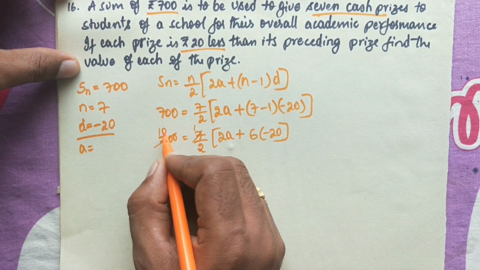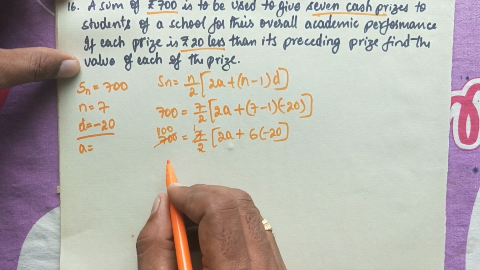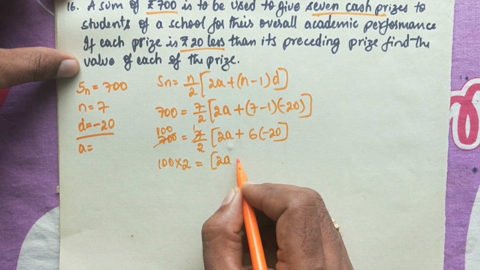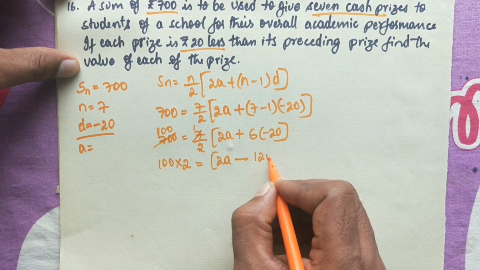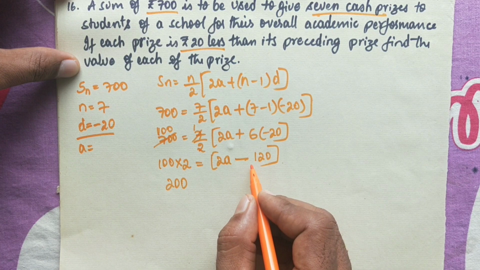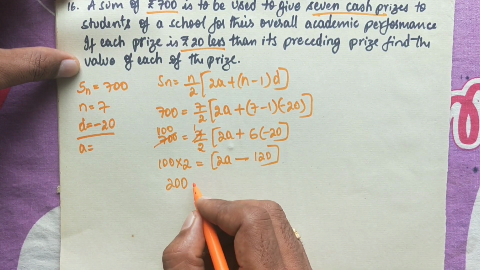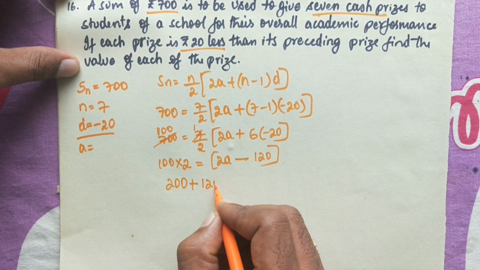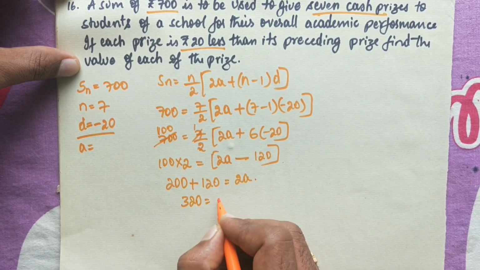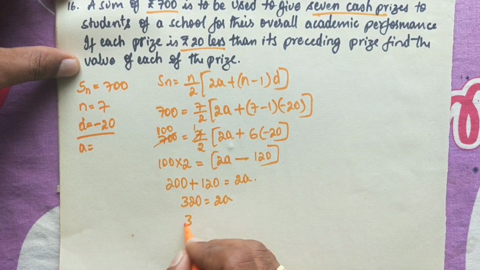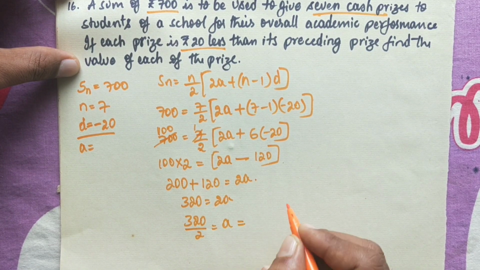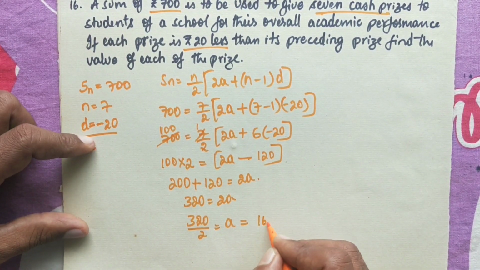Hundreds are 7 ones are 700, so 100 into 2 is equal to 2a minus 6 2s are 12, so 120. So 200, when this minus 120 shifts to the left-hand side, becomes plus 120 is equal to 2a. So 320 is equal to 2a. So 320 by 2 is equal to a. So a is equal to 160.